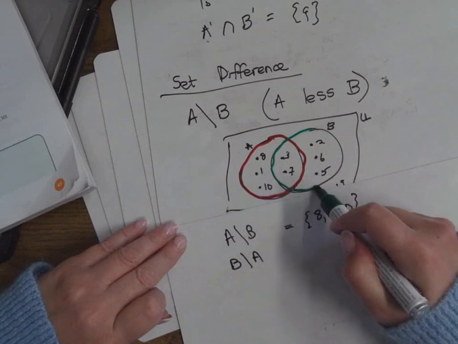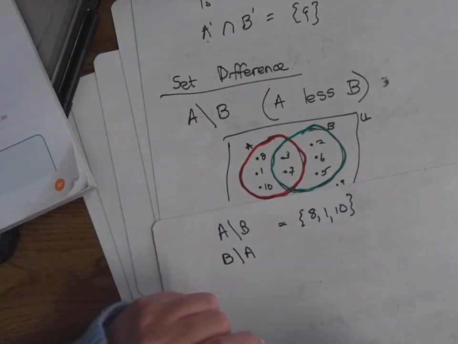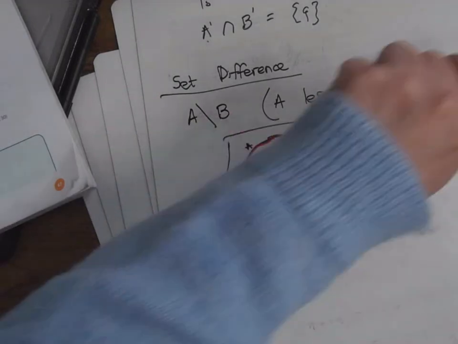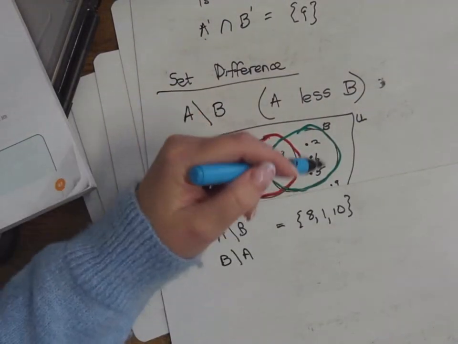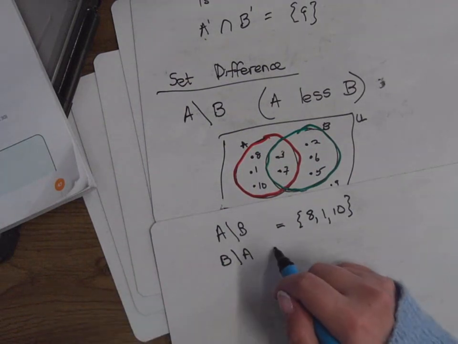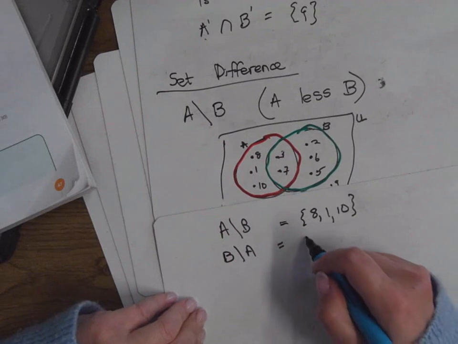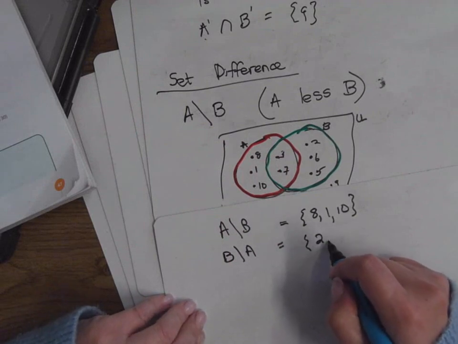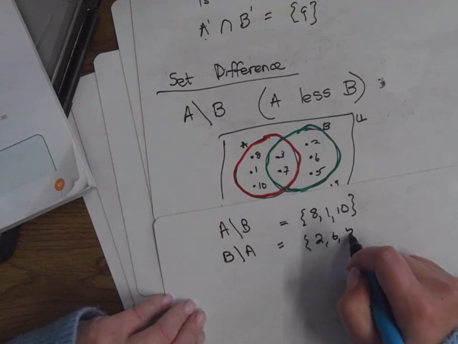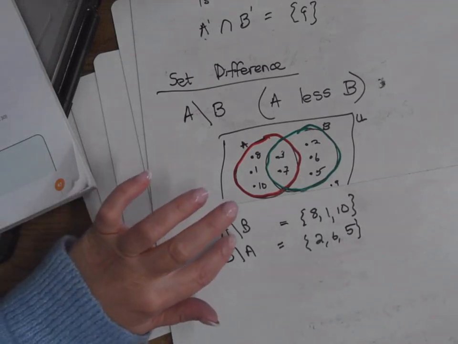And take away 3 and 7. Very good. Right? So you start with everything in the green circle. So you're starting with 3, 7, 2, 6, 5. And if I take away any of those that are in A, I'm going to take away the 3 and the 7. So I'm going to be left with a 2, a 6, and a 5. Is that okay? Does everyone understand what this less means?